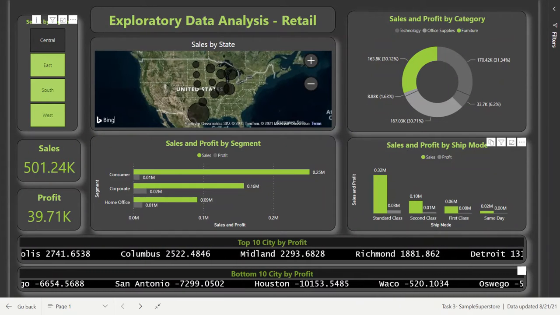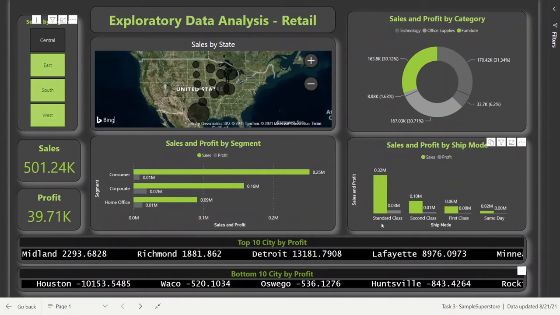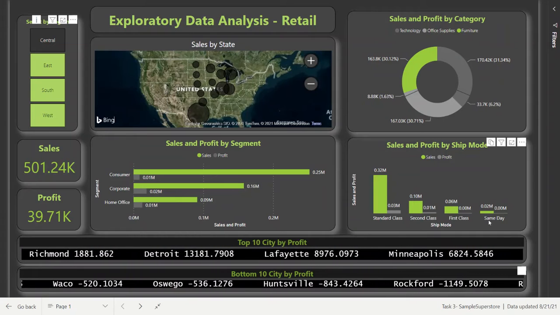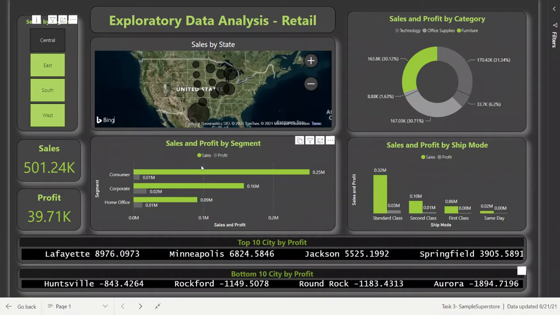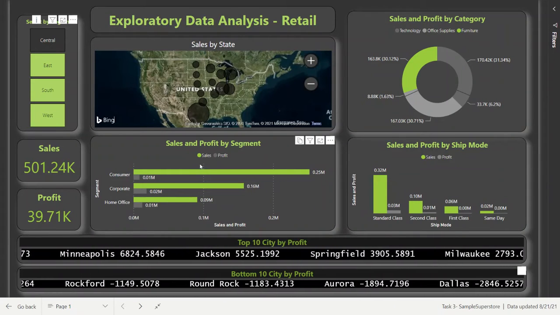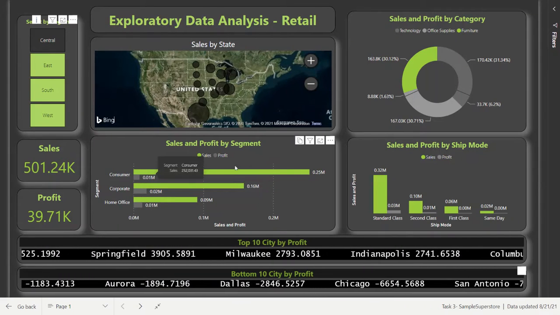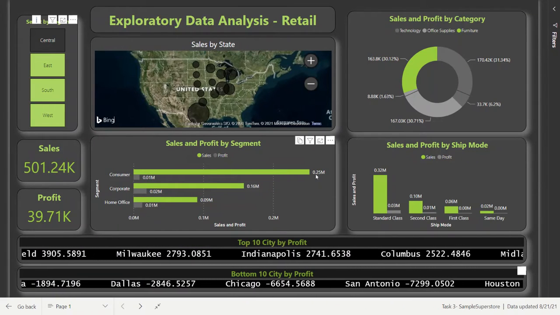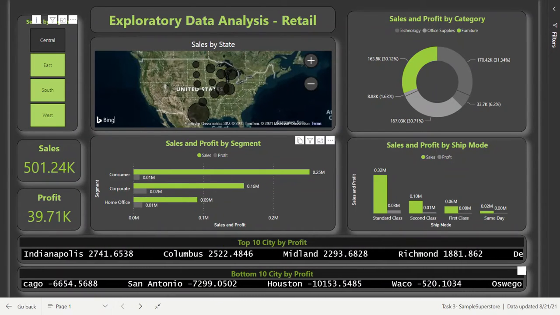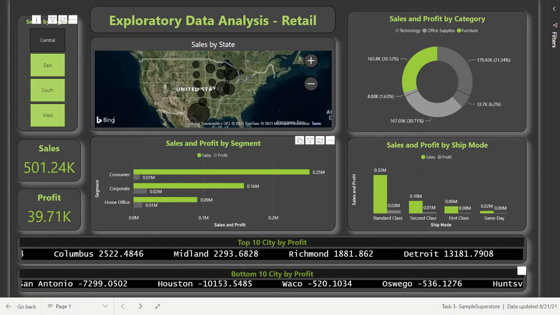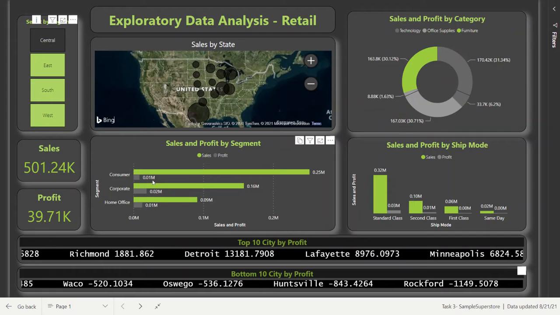If we talk about the ship mode, then we have the maximum sales and maximum profit in the standard class, and the lowest profit and lowest sales in the same day class. If we talk about sales and profit by segment, the individual consumer has the maximum, with sales of about $0.25 million and profit of $0.01 million.